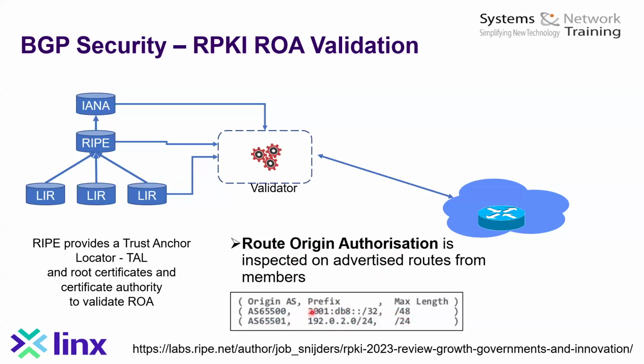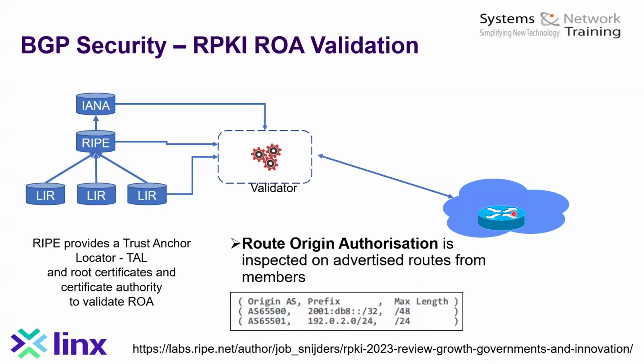What that basically says is that this ROA has been issued by the Internet Registry, because the ISP that's originating this route has gone and registered it, and they provide a certificate to vouch for this particular prefix. It can be IP version 4 or IP version 6.